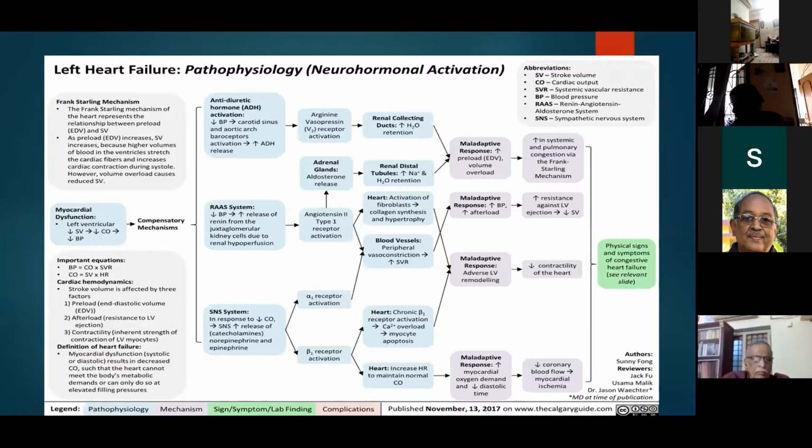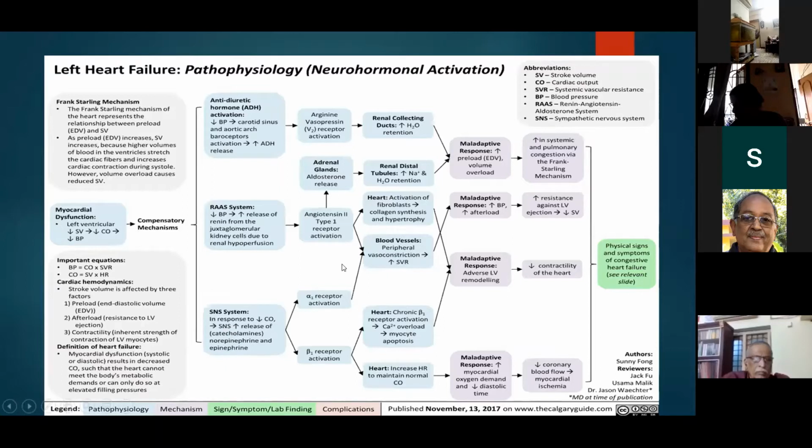And then you have beta 1 receptor activation, which is mainly located in the heart. The contractility of the heart increases through the sympathetic nervous system.